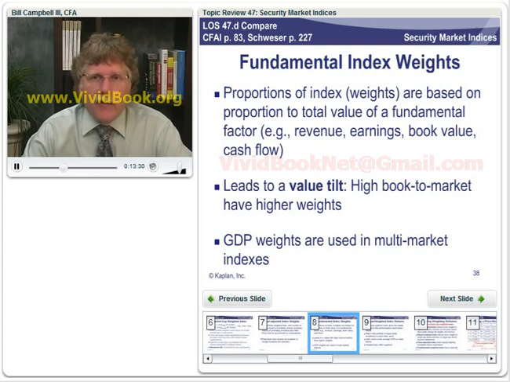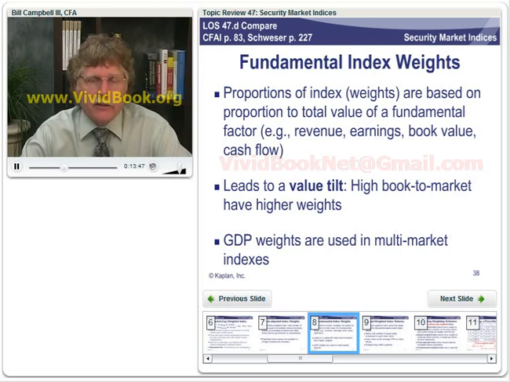If you have a fundamentally weighted index, but it's multinational, so you have several countries represented, then within the index, the proportion from each country is weighted by that country's GDP. So let's say, for example, that you have an index that is going to represent companies in Mexico, the United States, and Canada.